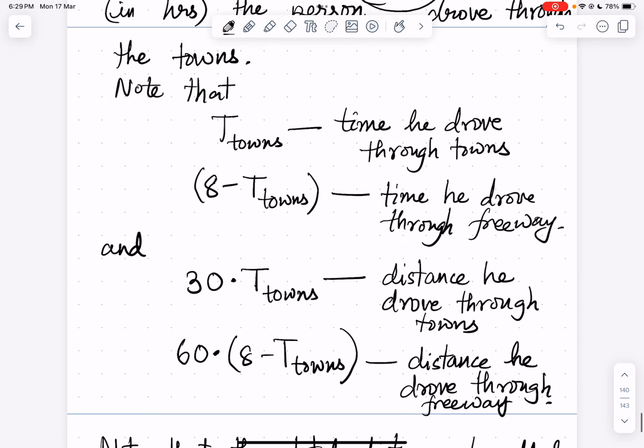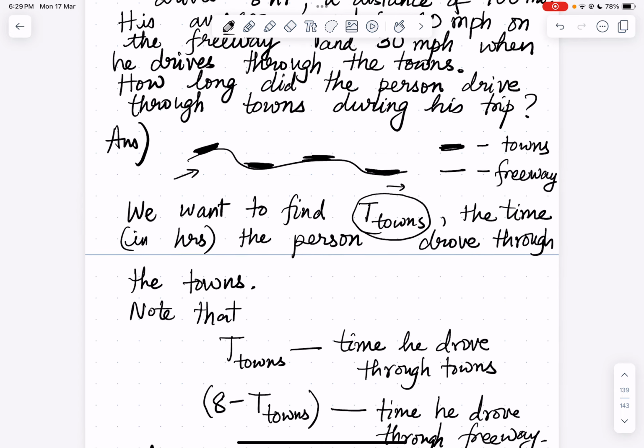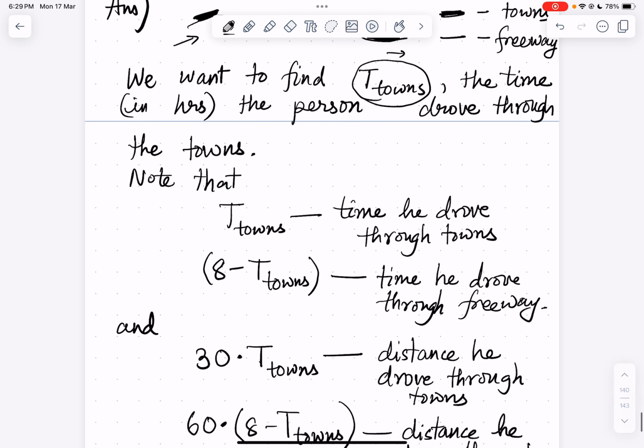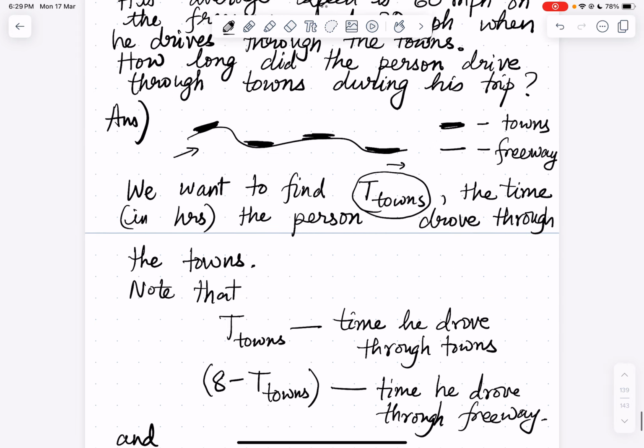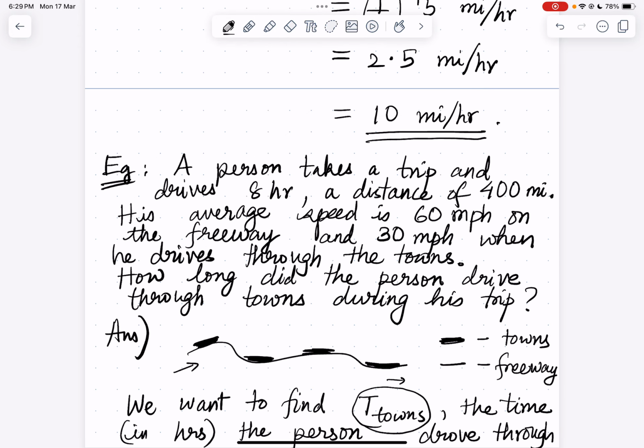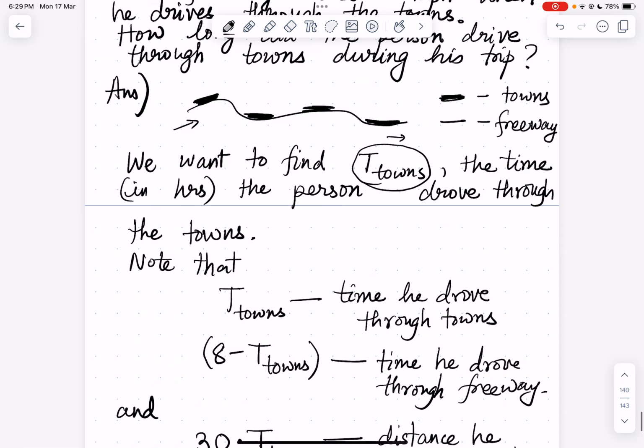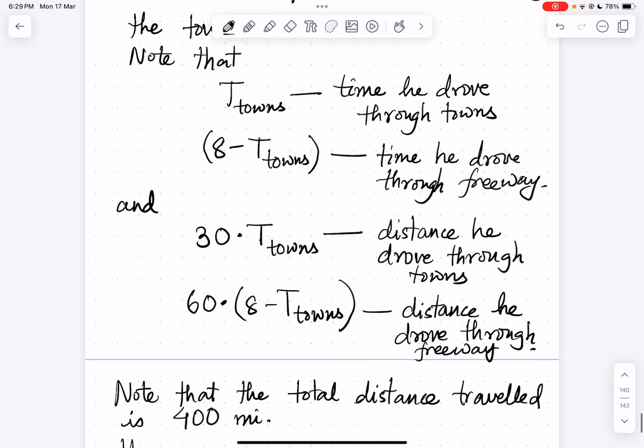So what did we do? We wanted to find t towns, the time in hours the person drove through the towns. Assuming t towns as a variable, we noted that t towns is the time he drove through the towns, 8 minus t towns is the time he drove through the freeway. The distances he drove: 30 times t towns, because 30 is the average speed when driving through towns, is the distance he drove through the towns, and 60 times 8 minus t towns is the distance he drove through the freeway.